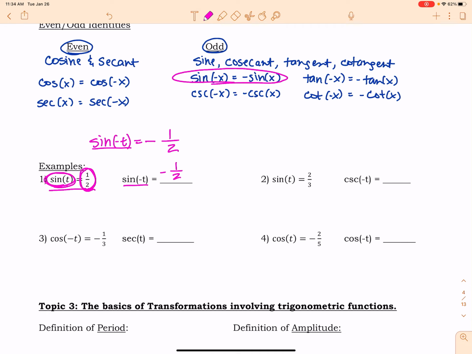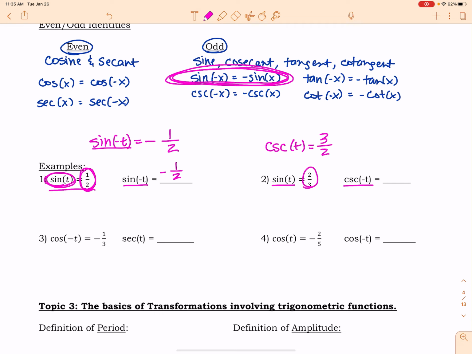For this one, I'm again given sine of positive t, which isn't how my identity is set up, but that's okay because what I want is cosecant of negative t. Since I need the reciprocal of sine, I'm going to find the cosecant of positive t, which would be the reciprocal of sine of positive t.